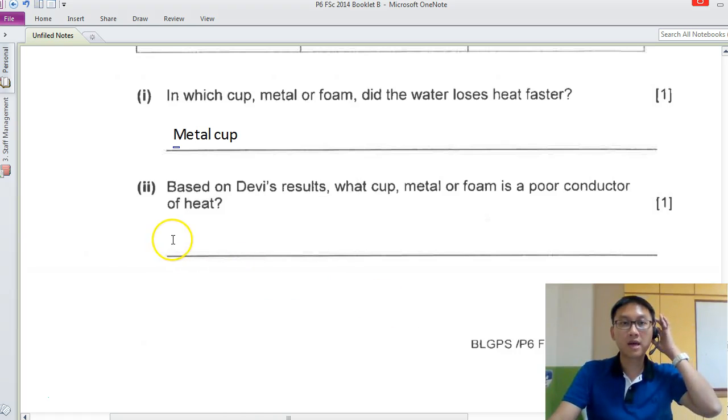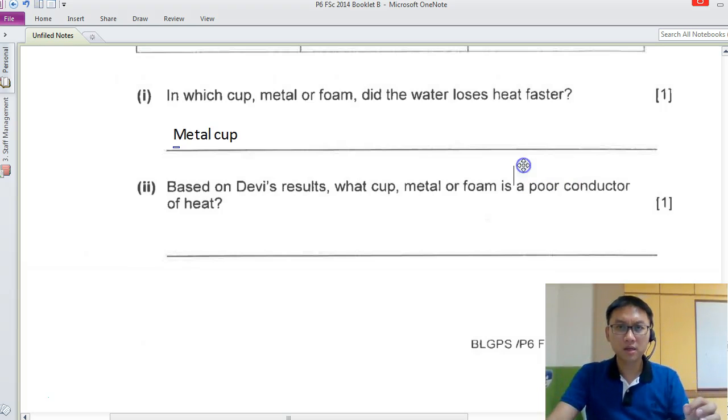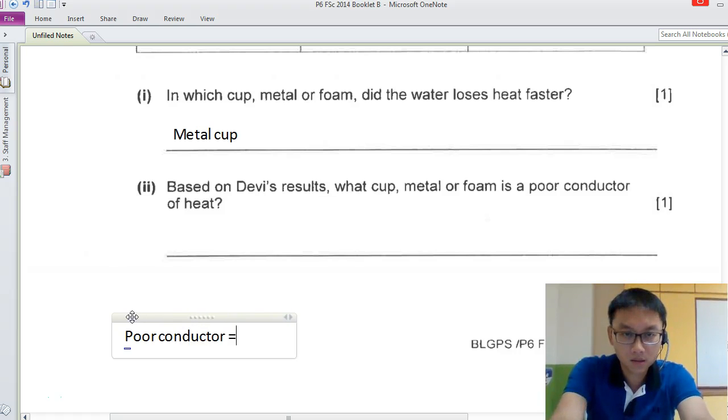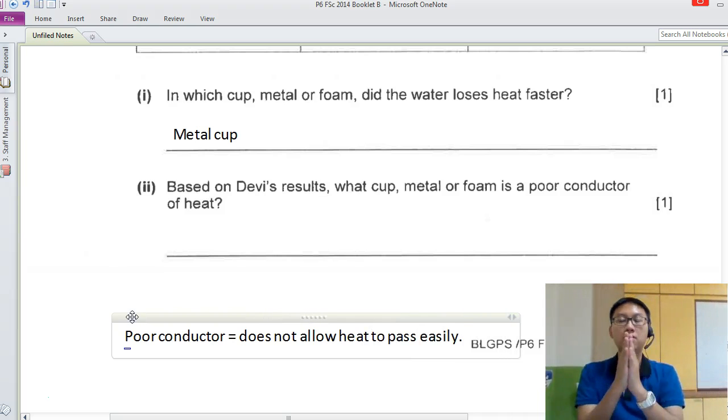Now, based on Davy's result, which cup, metal or foam, is a poor conductor of heat? Remember, the concept here is poor conductor. Let me write it here. Poor conductor means does not allow heat to pass easily. So it blocks the heat from flowing.